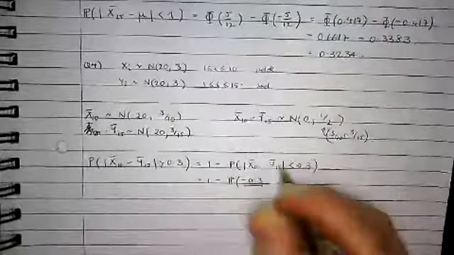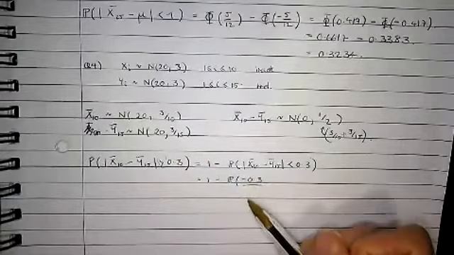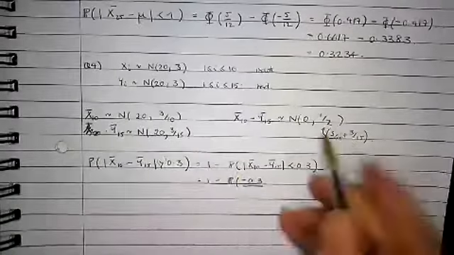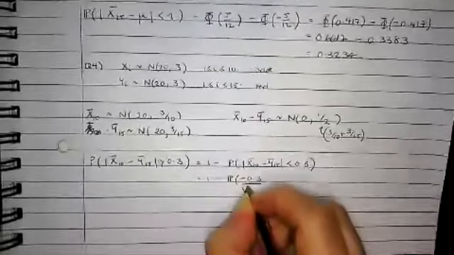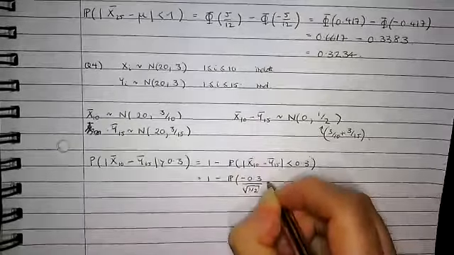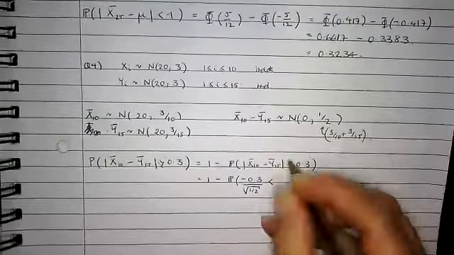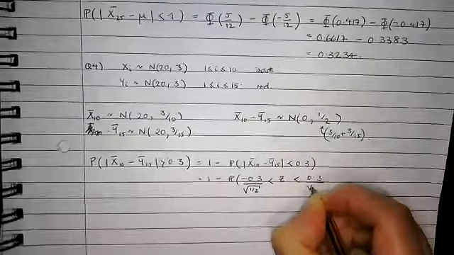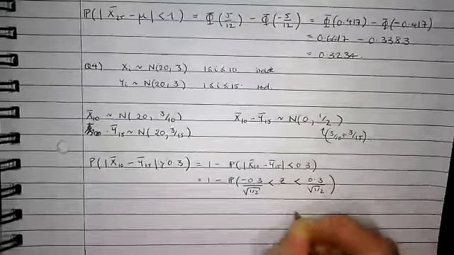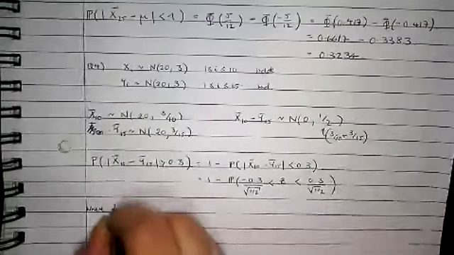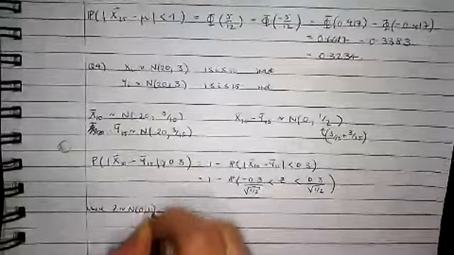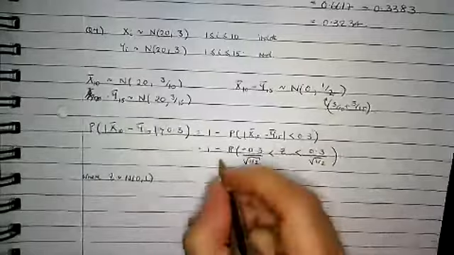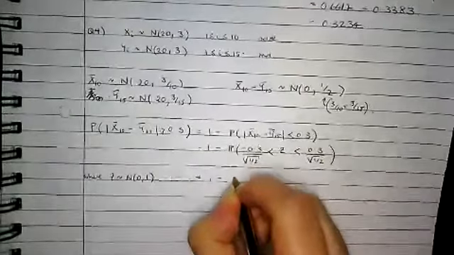I need to divide by the standard deviation of the difference, so that's going to be the square root of a half, where z is normally distributed with parameters 0 and 1. So this one I should now be able to write in terms of the CDF of the normal distribution, which I can look up in the table.